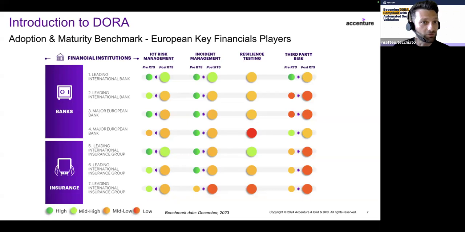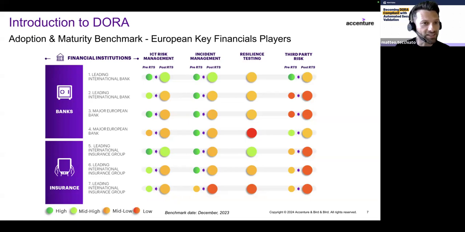The same for third party risk management, because it's something more specific. Looking at the details of the regulations, these players have understood that they need to improve their third party risk management program in order to be compliant, in order to identify the third parties and to understand which kind of processes they are providing to the entities.